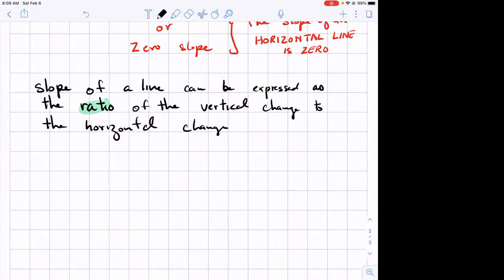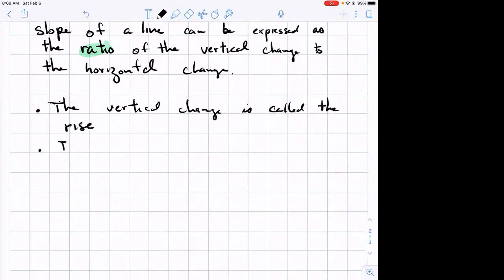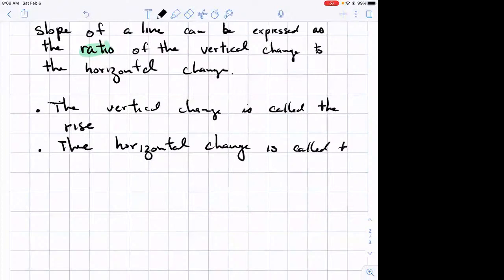So the vertical change is called the rise, and the horizontal change is called the run.